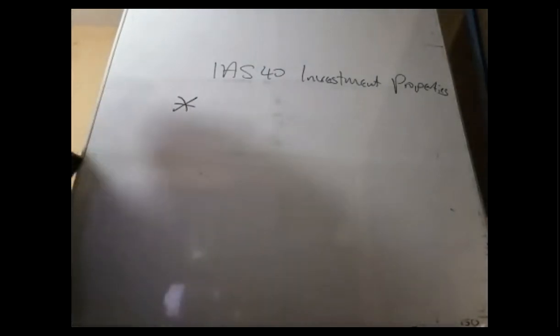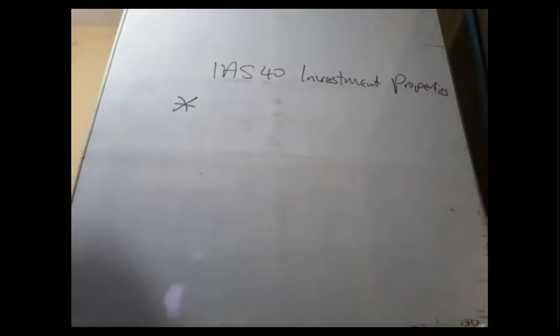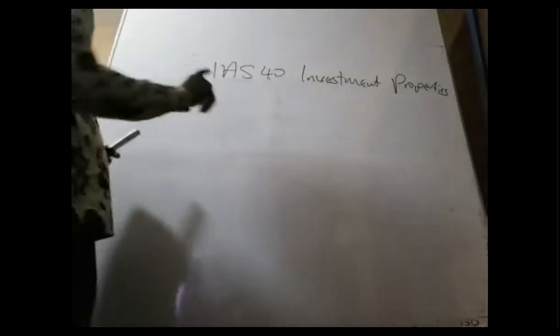When I ask you to define investment property, don't forget that definition means give us the standard version, the standard meaning. Explanation means your own terms. We can equally accept the standard definition as an explanation. We will take that. So investment property is defined as what?